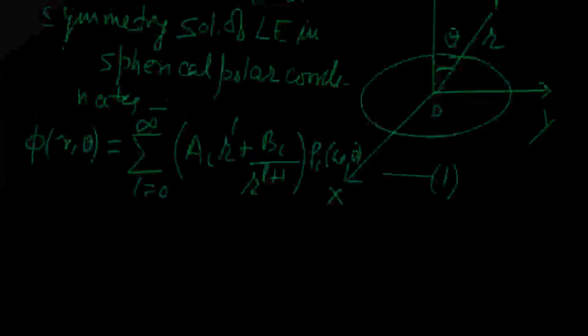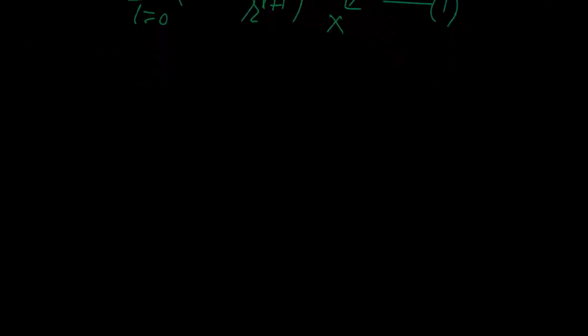Now let us see. In this problem, there will in fact be two cases. First one, I am going to consider that R is greater than A. That is, the point P lies at a distance from the center of the ring greater than the radius of the ring.